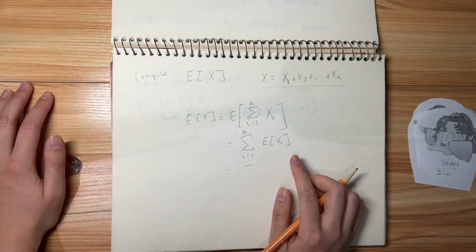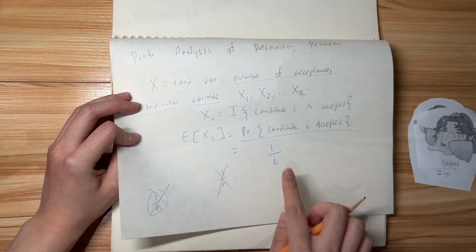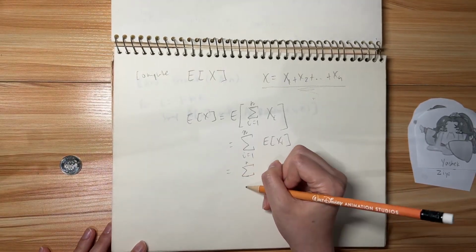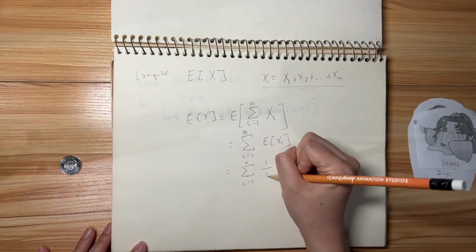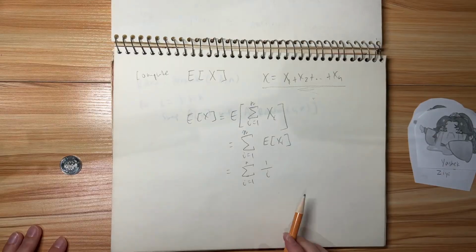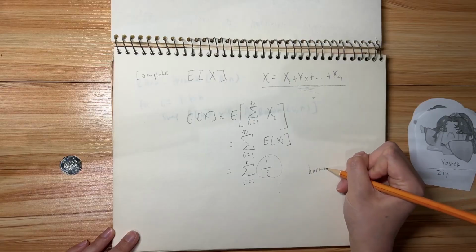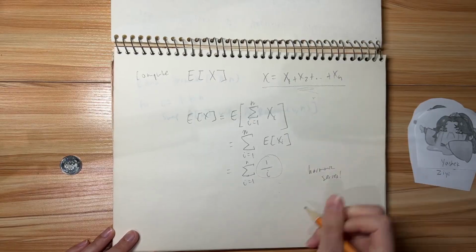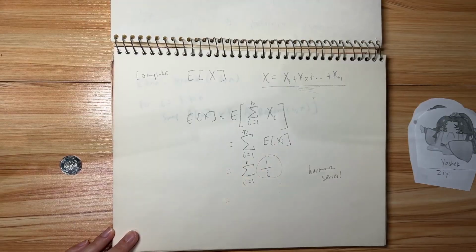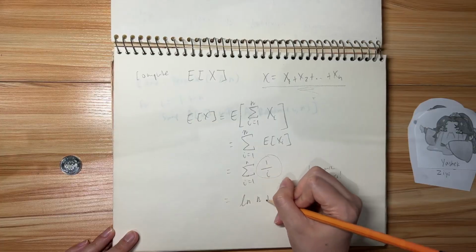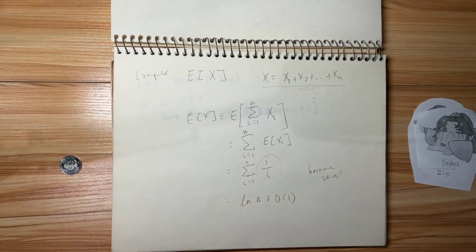And after we substitute in from our answer here, we get this. And lastly, what is this? This is actually called the harmonic series. Harmonic series, yay! So we end up with n plus this as our final answer for the expected value.